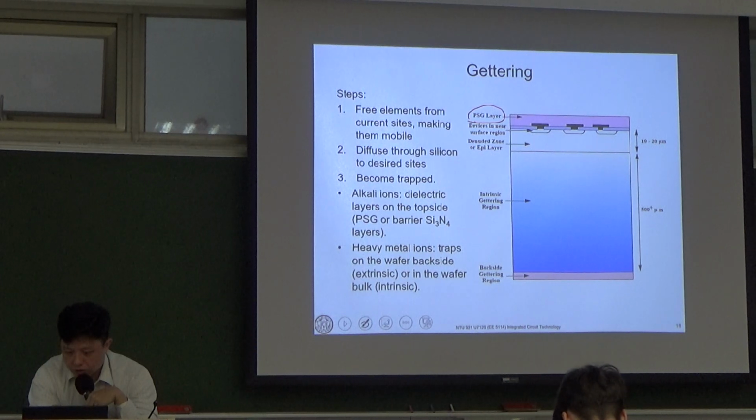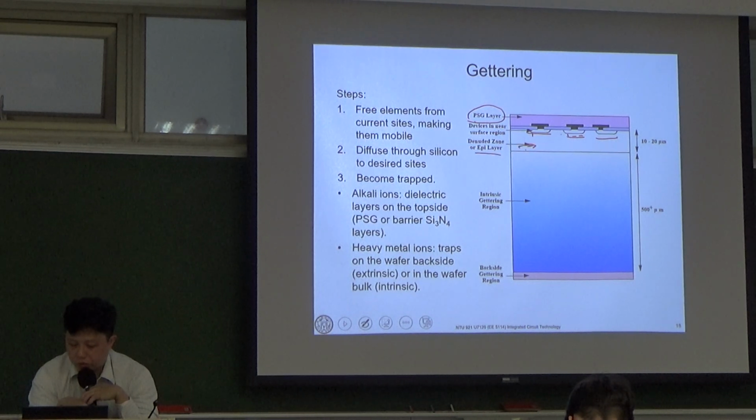And also, this is a device that we process or fabricate in this surface region. And this is the denuded zone, or the epi layer that we grow epi on the substrate.